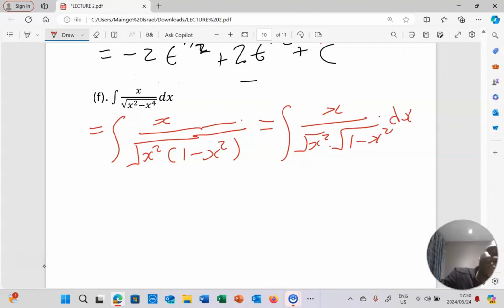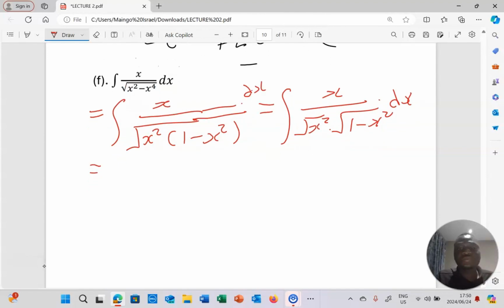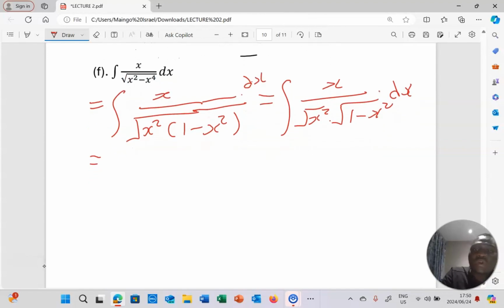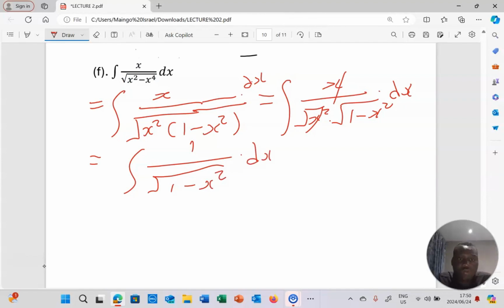Must not forget dx. The square root of x squared is x, and x will cancel with x, so we have the integral of 1 over the root of 1 minus x squared dx.